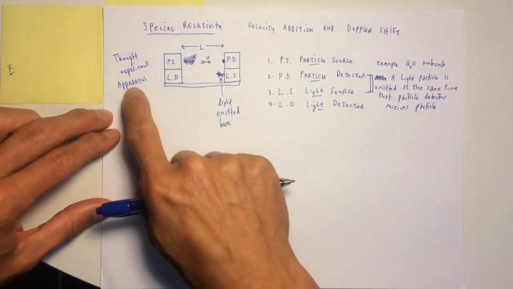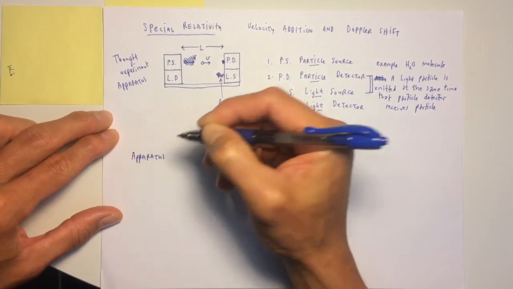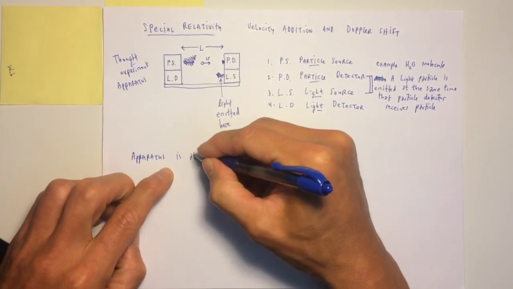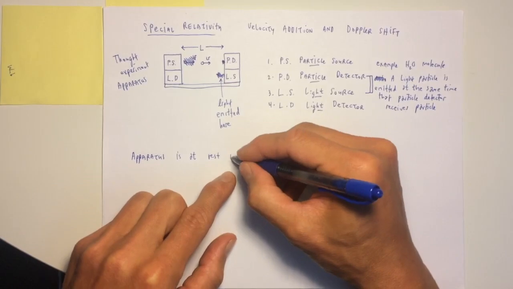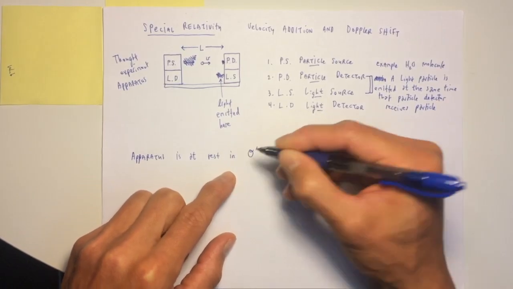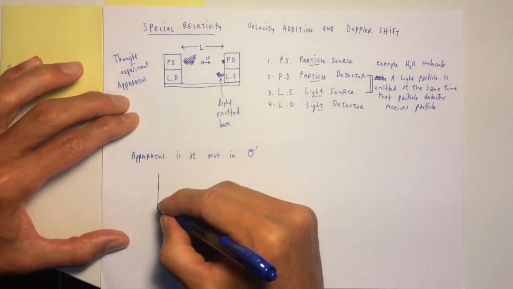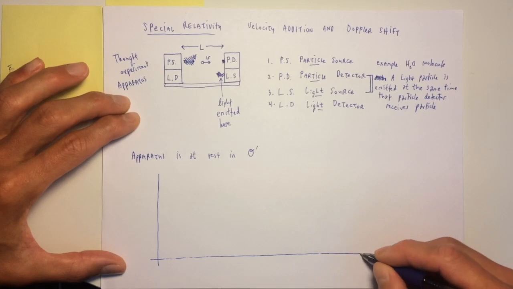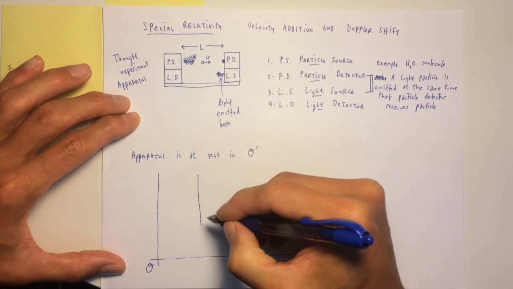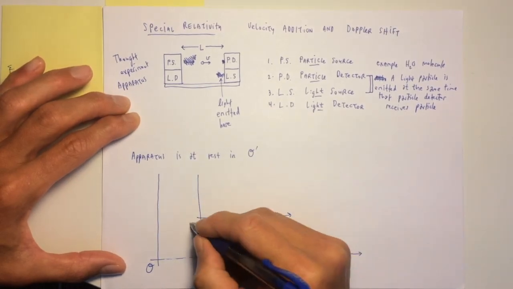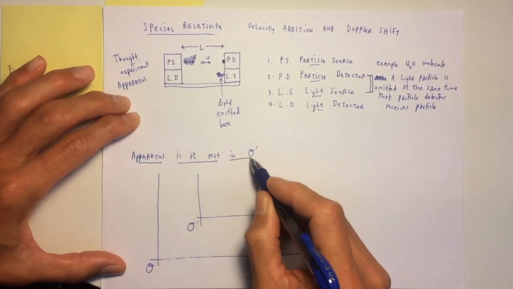And so I'm going to put this apparatus into an observer frame. So the apparatus is at rest in O prime. So what I'd like you to have in mind is the following picture. So this is observer frame O, and this is observer frame O prime, and the apparatus is at rest in O prime.